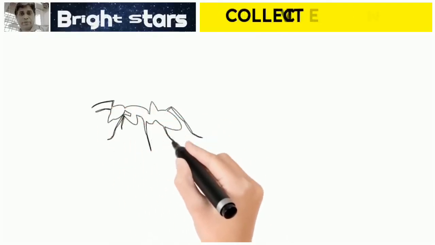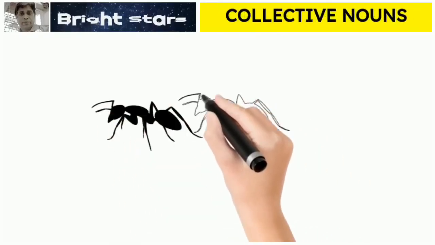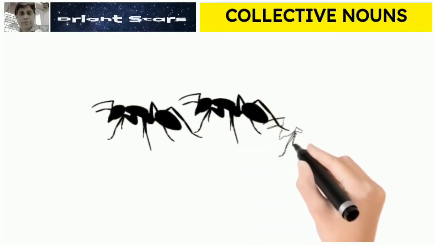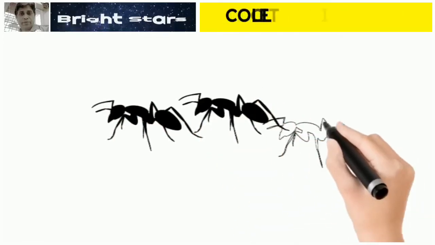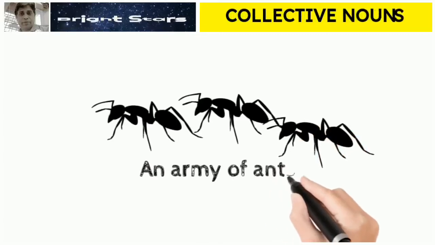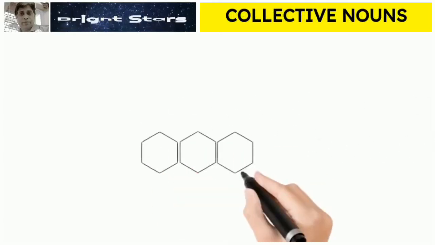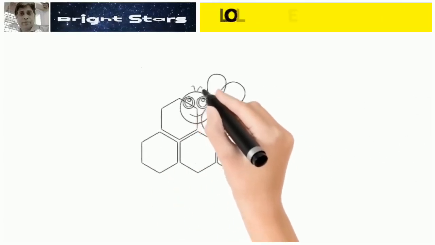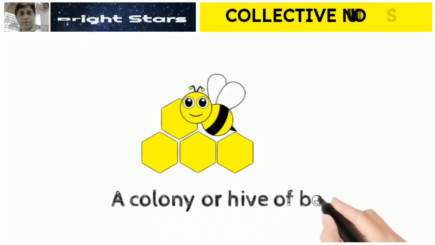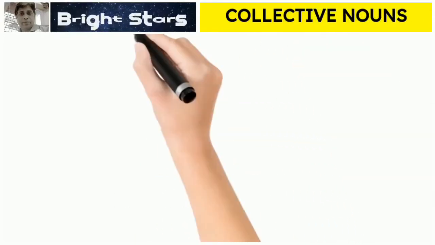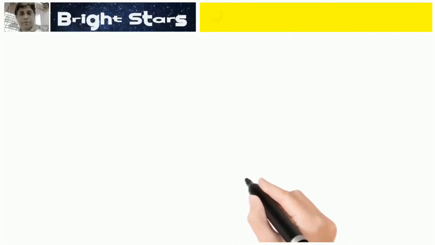So a group of insects also have their own names. A line of ants is called an army of ants. A hive of honeybees is also called a colony or hives of bees.